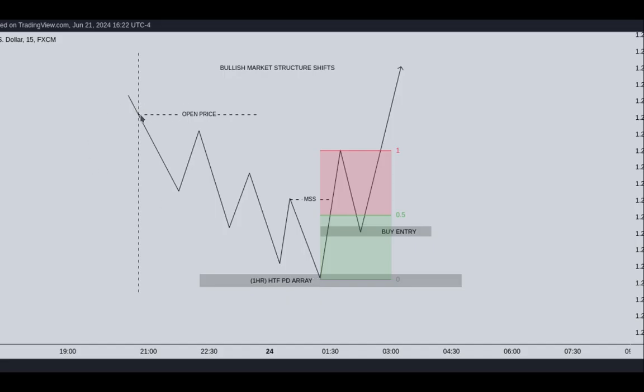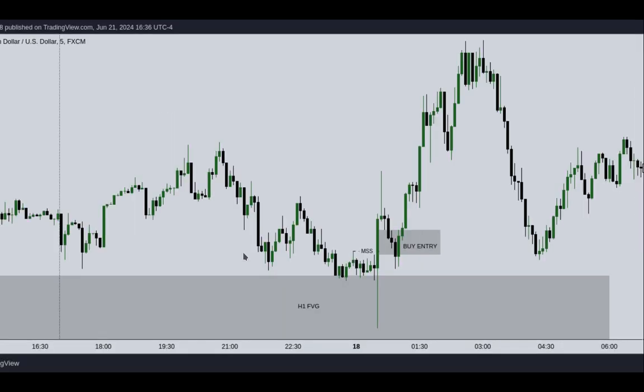So let's say price opens at this level here. When price opens at that level, you mark the open price. When you mark the open price, you wait for price to drop into a higher time frame PD array.